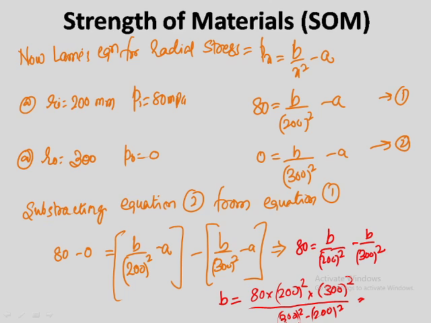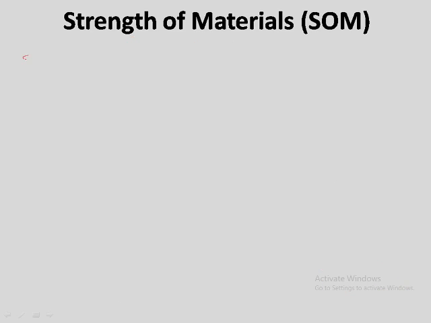5.76 into 10 raised to 6, sir. Okay. Next, you substitute the value of B in any one equation and you are going to get the value of A. So let us substitute the value of B in equation 2.